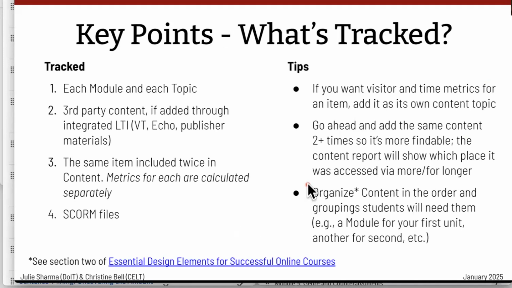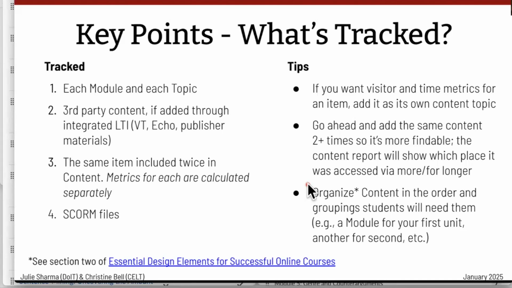Every single time it appears as a topic, we'll have different data. So it is very specific to I clicked on this content topic here, and that's the data for that time I accessed it. So don't think that just because it says 0, it means they didn't get to it. It just means they didn't click to it from that specific spot.